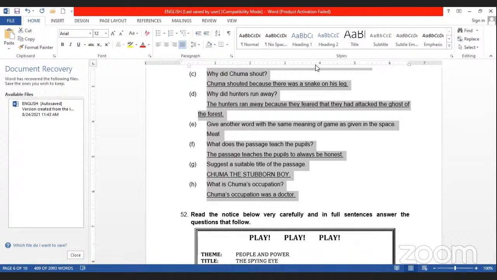No. Word program, as in where you find the word. You stop sharing and share. You stop sharing and you share the screen without this. Your home screen, then share home screen.